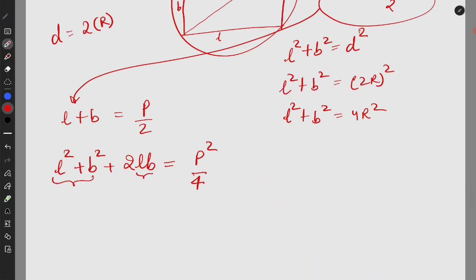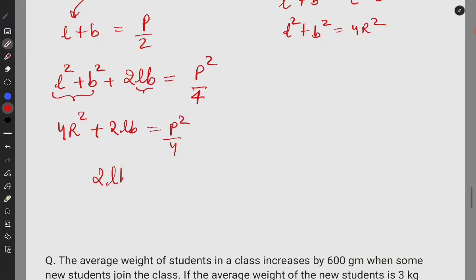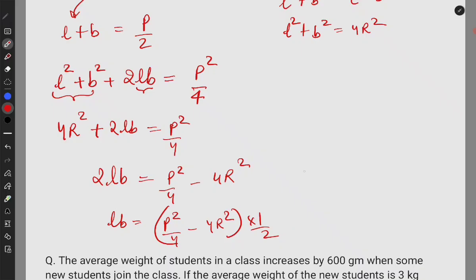And L square plus B square we know is 4R square, so 4R square plus 2LB equals P square by 4. Now 2LB equals P square by 4 minus 4R square, and LB will be equal to what? P square by 4 minus 4R square, multiplied by 1 by 2.